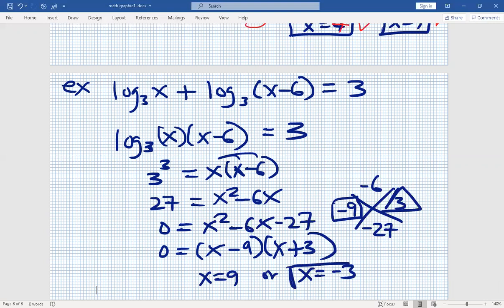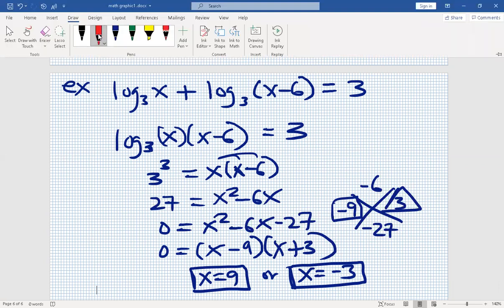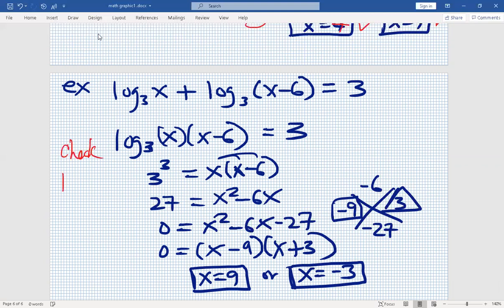Now, be careful here, because when you plug in 9, 9 is okay because they're all positive. But when you plug in -3, I'm going to make it red here, when I check and put log base 3 of -3, is that possible?